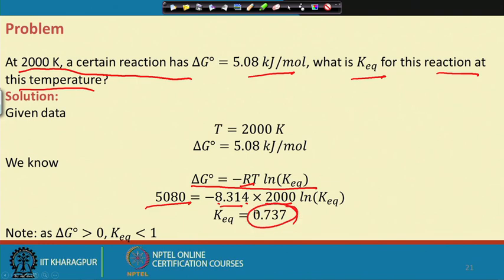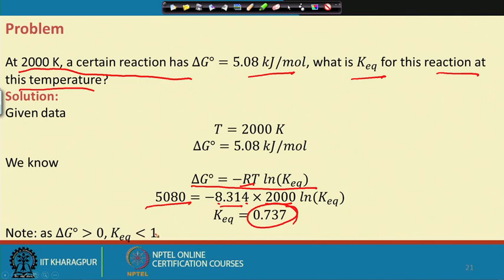Then we can find out that if K is a fraction, that means del G is greater than 0, then K is less than 1.